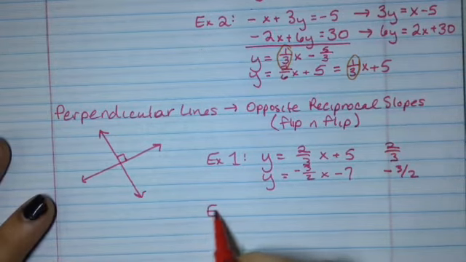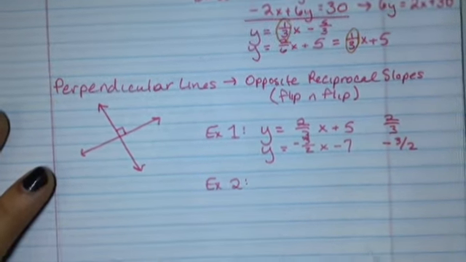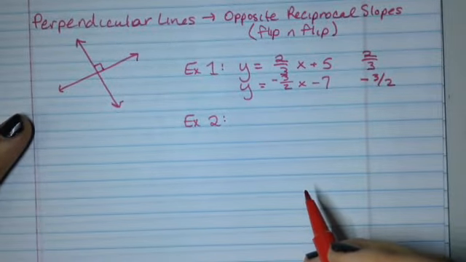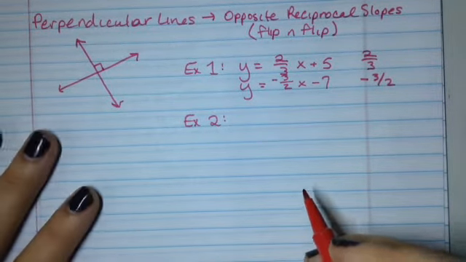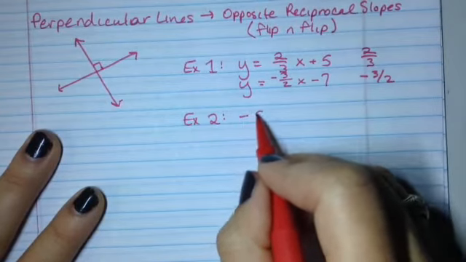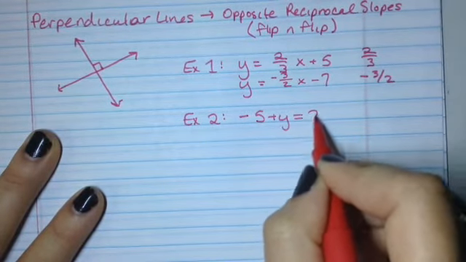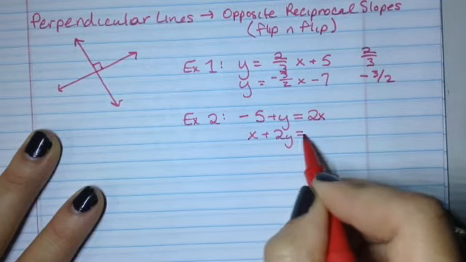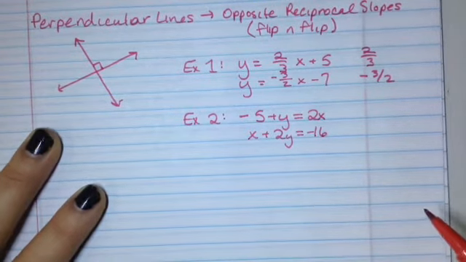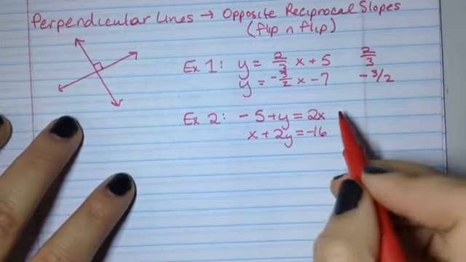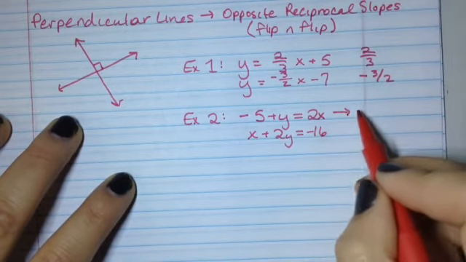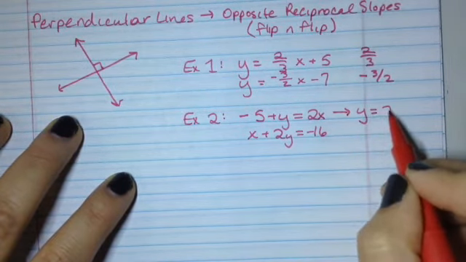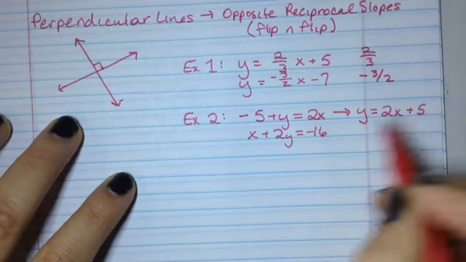Let's try a second example. This time again, they're not going to be written in y equals mx plus b form for us. We'll have to do that job. We have negative 5 plus y equal to 2x and x plus 2y equal to negative 16. Now there are a few things that need to move across the equal sign before we can divide. So we move that 5, we'd have y equal to 2x plus 5.